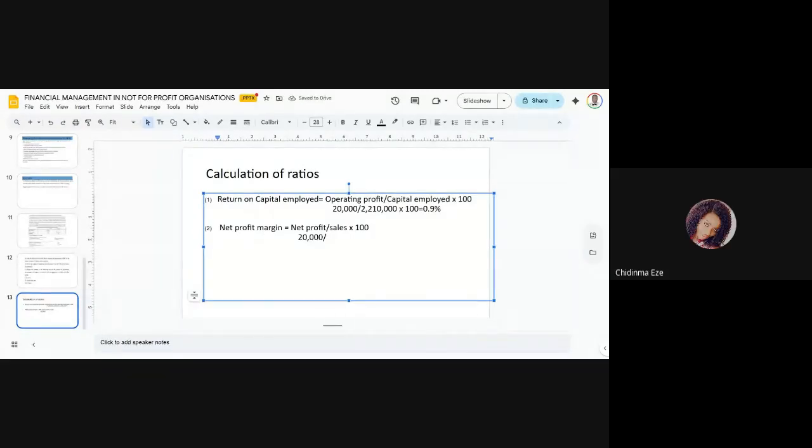A student asks: The return on capital employed, I'm not getting 0.9%. I'm getting 9.0%. Okay, punch your calculator: 20,000 divided by 2,210,000.